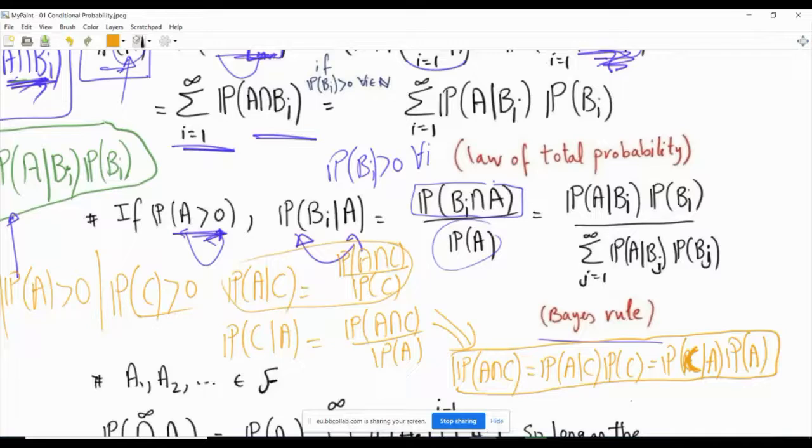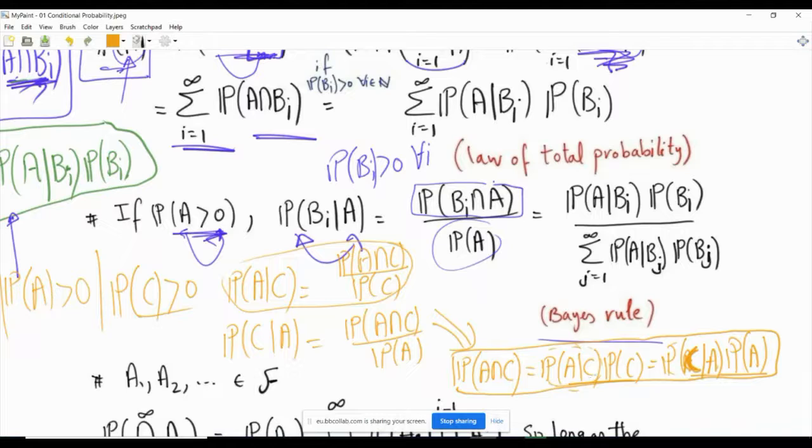Again, why? Because it's useful, as we'll see in the examples. The probability of A intersection C is the probability of A given C multiplied by the probability of C, or maybe it's the other form. Sometimes one of those is difficult and the other is easy. Which form to use? Sometimes the probability of A given C is very straightforward and the other one is difficult, or vice versa.